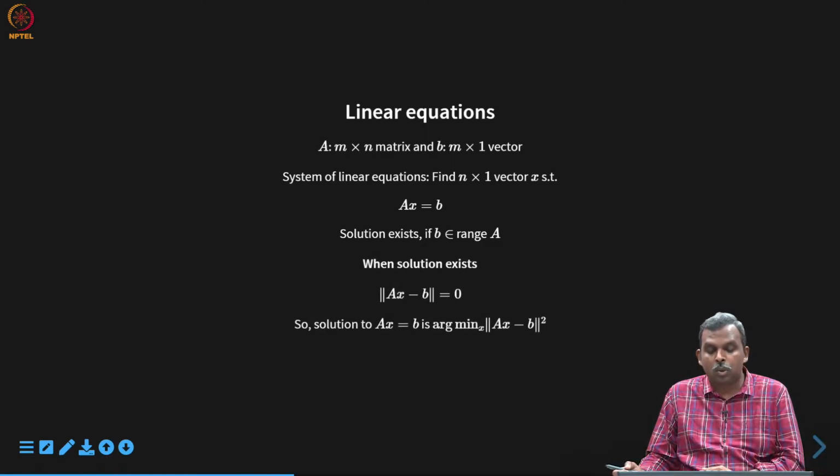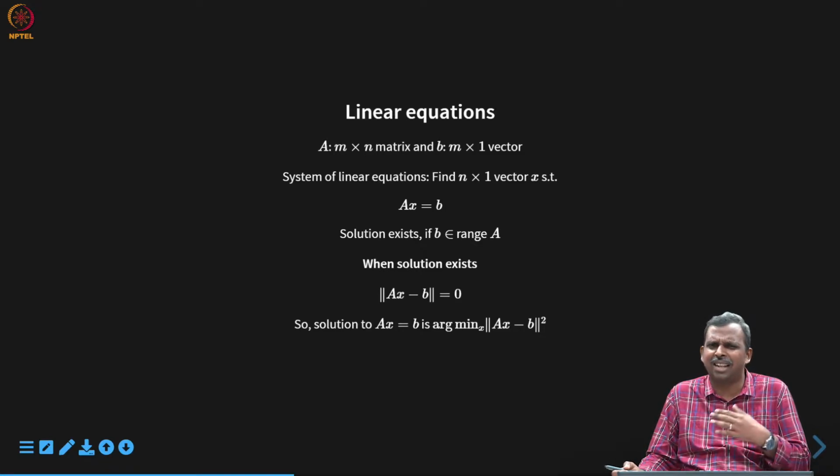Okay, you notice one interesting observation, particularly when you have inner products and norms. When the solution exists, the norm of Ax minus b is equal to 0, right? It's exactly equal to 0. There may be infinitely many solutions, many x's, but still Ax is always b, so Ax minus b has norm 0. So in a way, when a solution exists, the solution to Ax equals b is actually the minimizer for the norm.